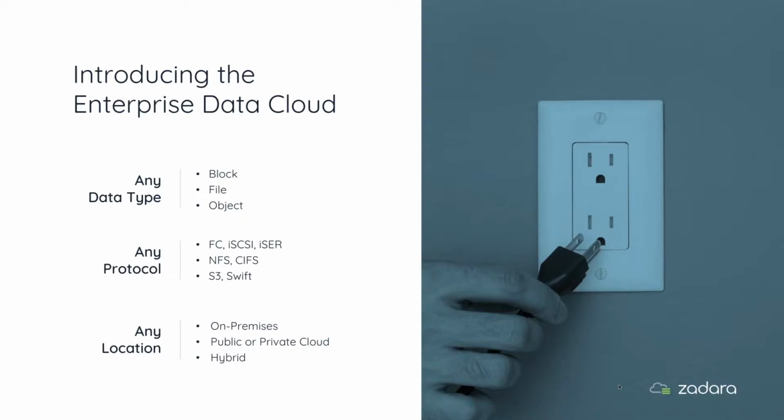If you see this slide in front of you, you can see that what we've built is a true enterprise class data storage and management system. Starting with any data type, we have all three: block, file, and object, in a single system, and we have any protocol. You can see some of them listed here.